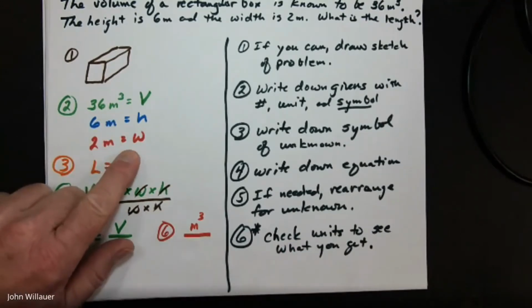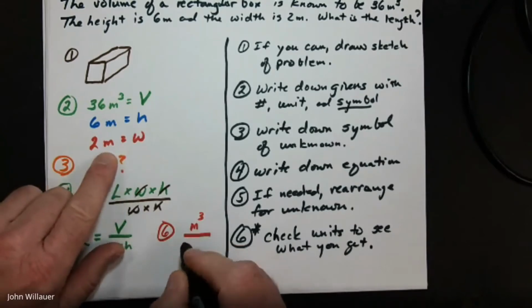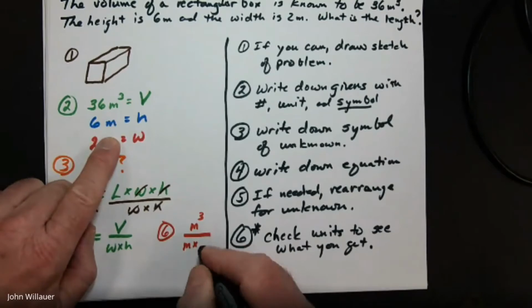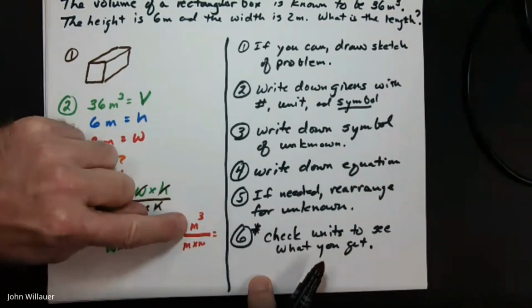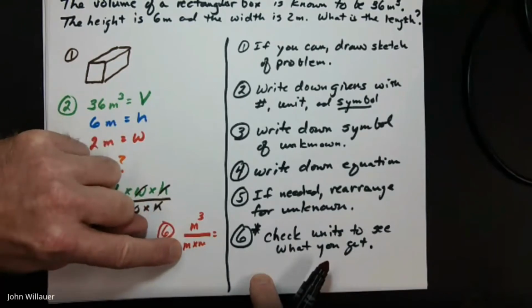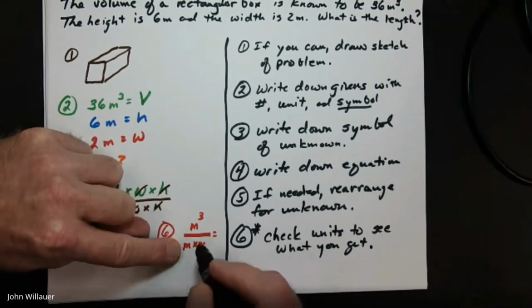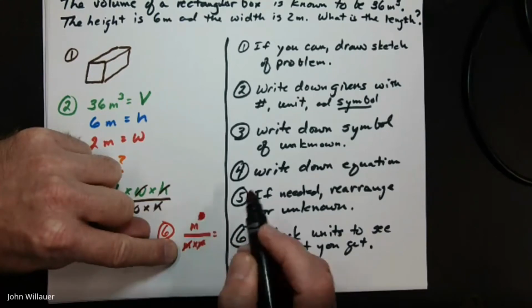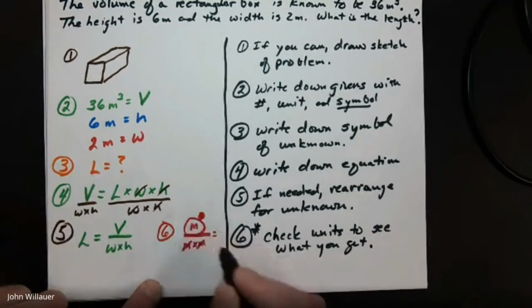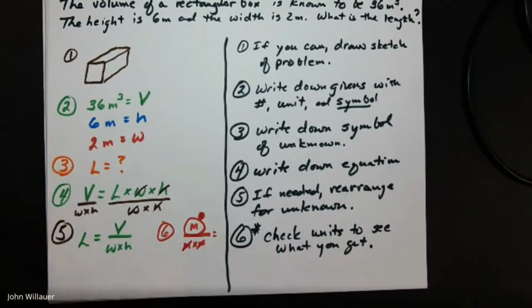My width was just meters, times the height, which was meters. So we look at this, I have meters times meters times meters on top, and I just have meters times meters on the bottom. So these 2 meters are going to cancel out with 2 of the 3 there, and I am left with just meters, so I know I set up my problem correctly.